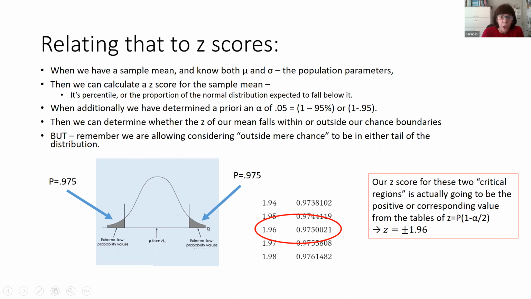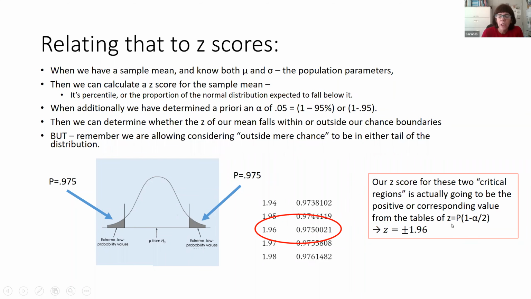Together, the two tails total 5% outside the probable region. This has a probability above it of 0.975, and this has a probability below it of 0.025. So altogether, you only get 95% within your probable range if you only have 0.025 in each tail.